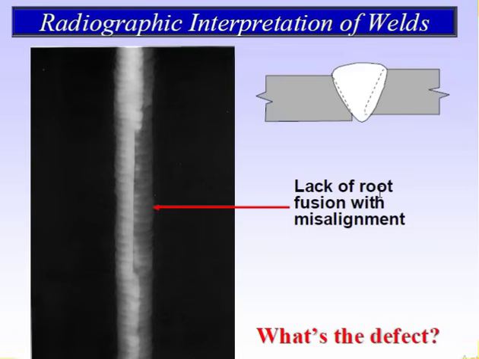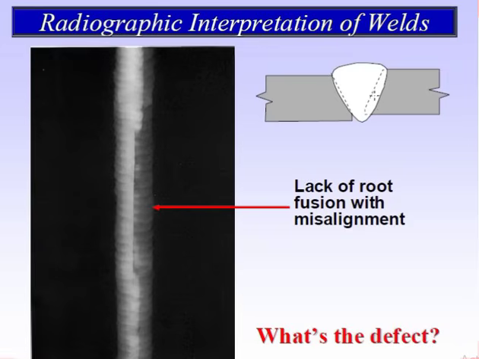There are also two things in this image that you have to understand. One is lack of root fusion on one side. Fusion has not been done properly, so the black image appears. Another is lack of root fusion with misalignment.